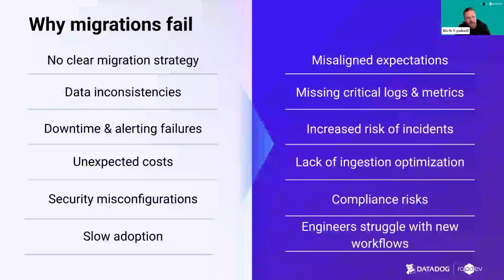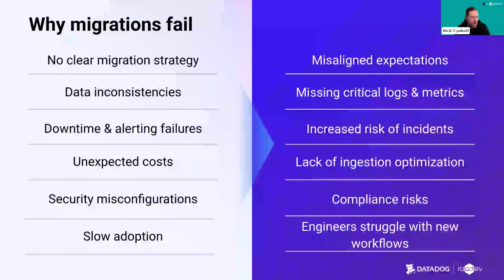And then finally, security misconfigurations. For the security folks on the call, that's where we end up with compliance risks and all sorts of areas where the business could be exposed, which we really don't want. And all of this is wrapped up in slow adoption. Teams won't really take to the platform. They won't want to use it.